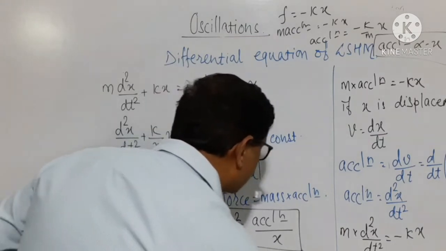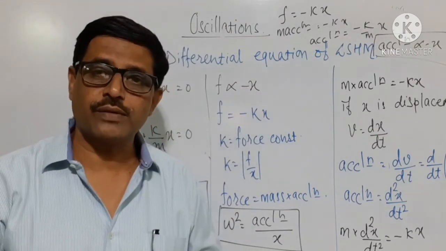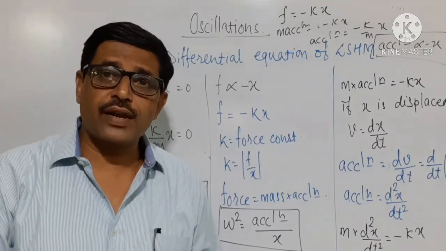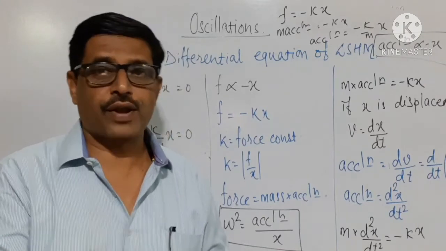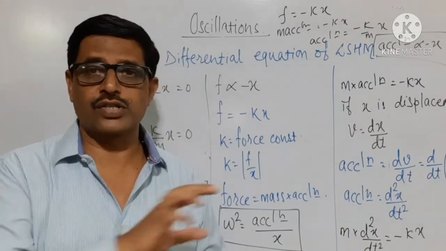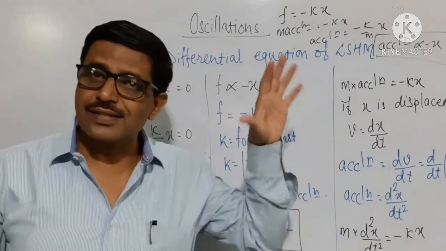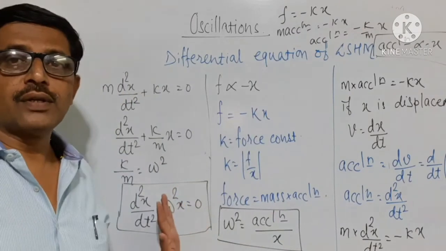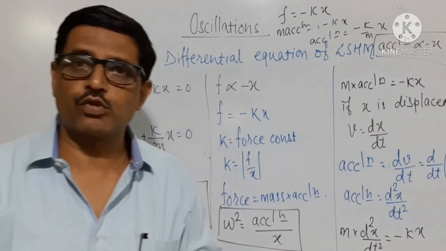This omega is a constant term for a given linear simple harmonic motion. It plays a very important role in finding out the frequency of oscillation or the period of oscillation in simple harmonic motion. This is how to find out the differential equation of linear simple harmonic motion.